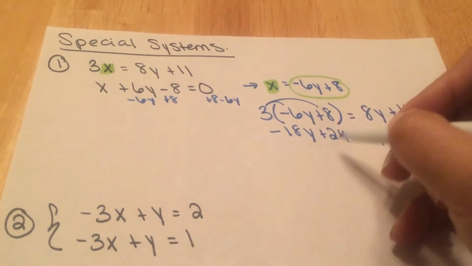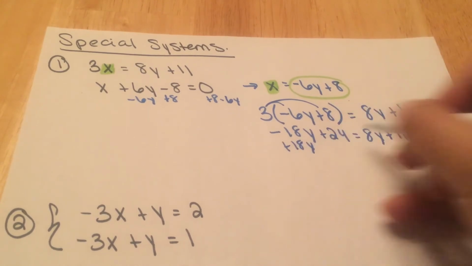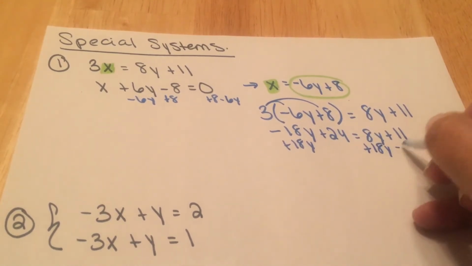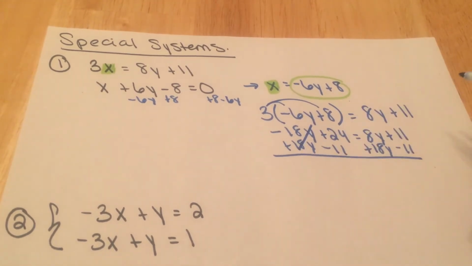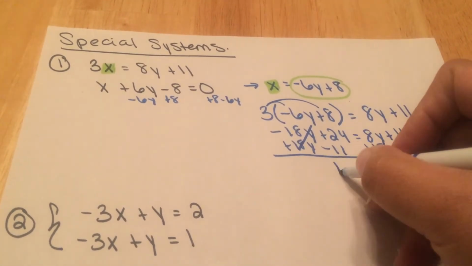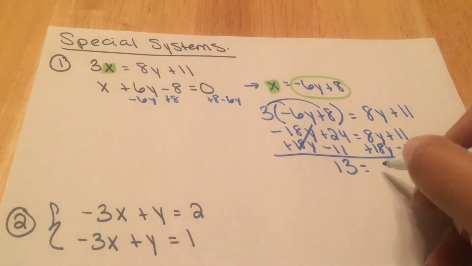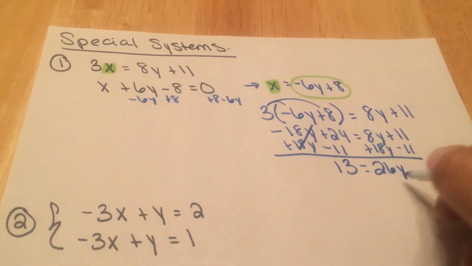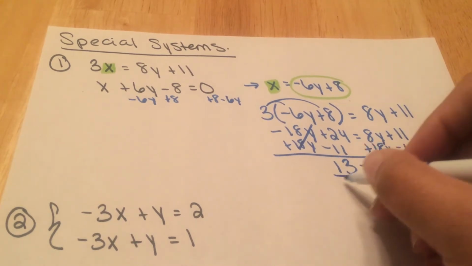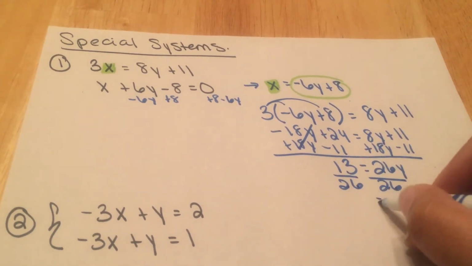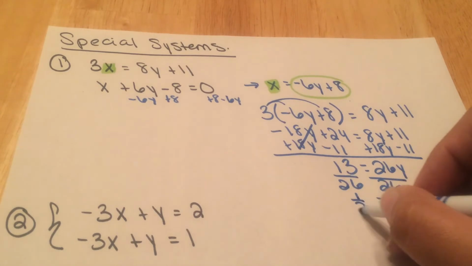What we want to do next, I'm going to go ahead and add 18y to both sides and subtract 11 at the same time. Gets rid of my y's, so I end up with 13 equal to 26y. We divide both sides by 26, and we end up with y equals 1/2.